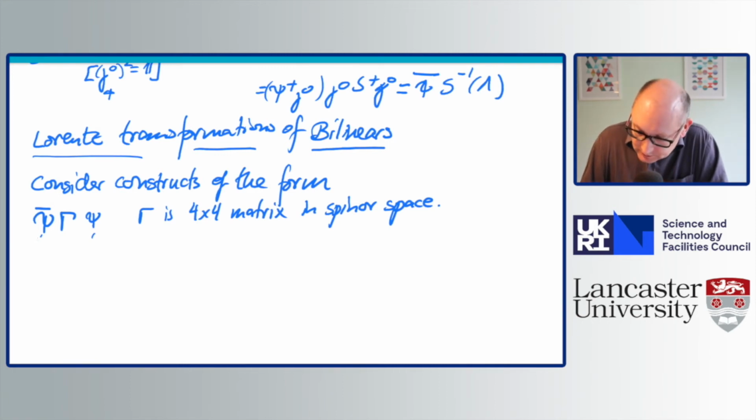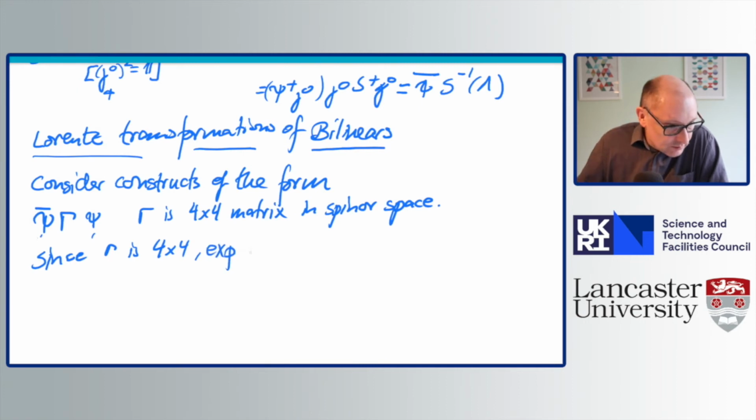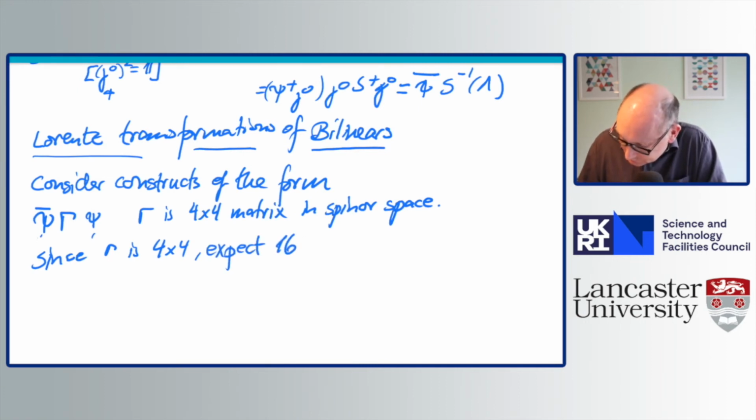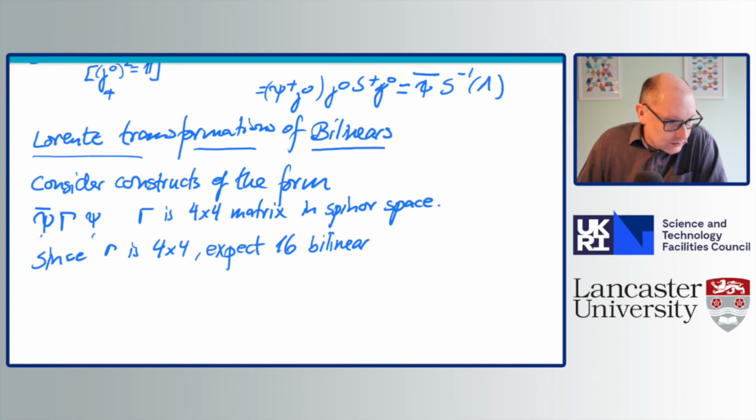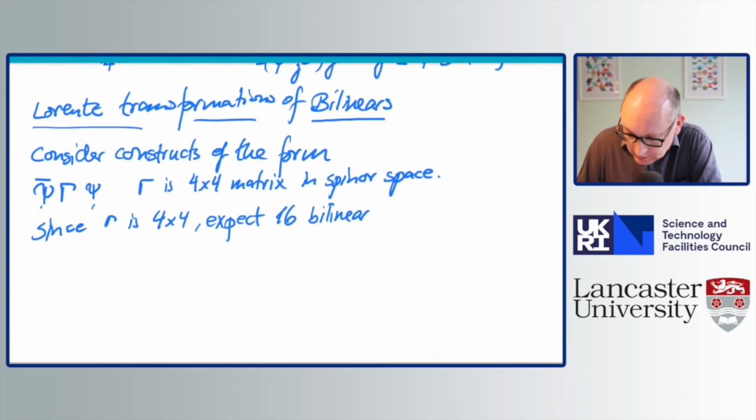So since gamma is a 4x4, we expect that we'll need 16 different bilinears to describe all possible gammas. Now let's see some that we already know. So for example, the construct psi bar psi, how will that translate under the Lorentz transformation?